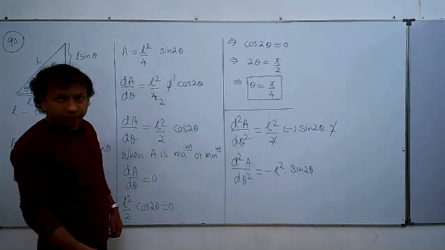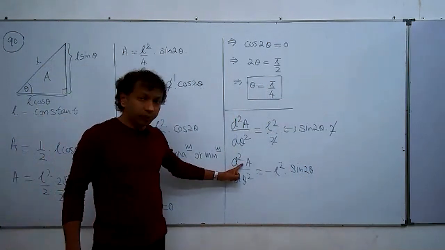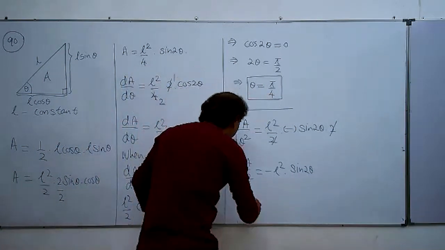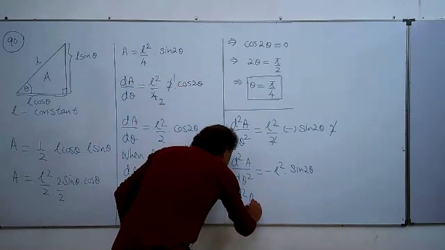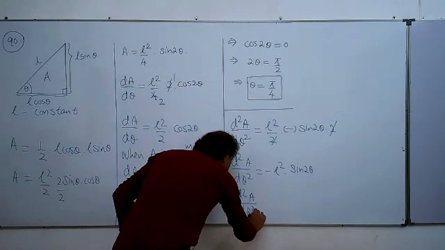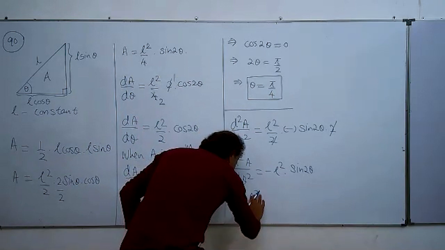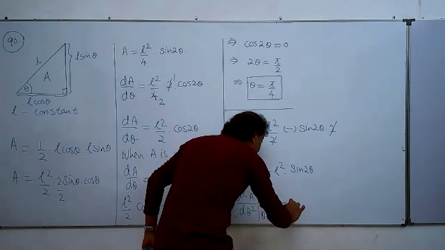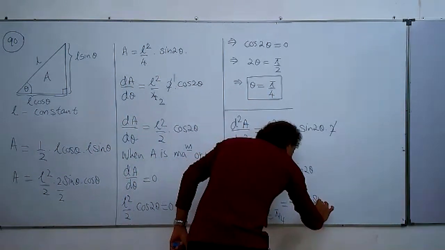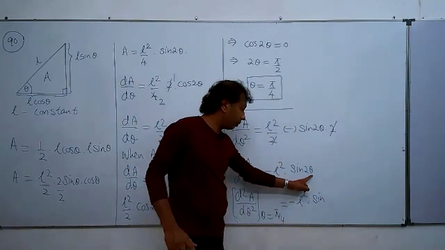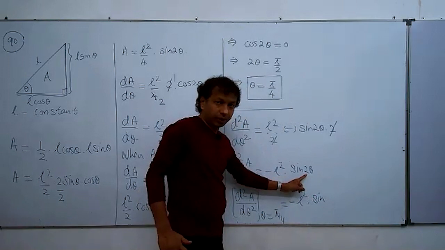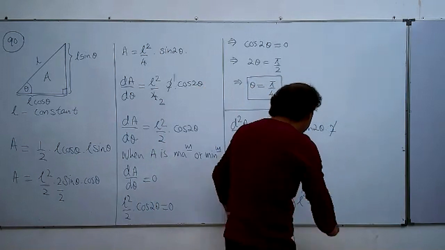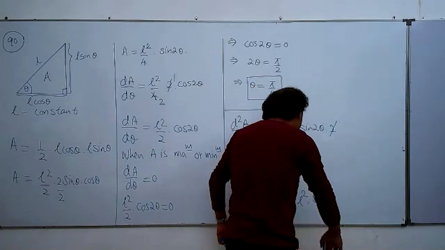Now we need to find the sign of the second derivative at this value of theta. So we can write it like this: at theta equals pi by 4, it is minus L squared sin. When I put here pi by 4, 45 into 2 is 90, and sin 90 is 1.